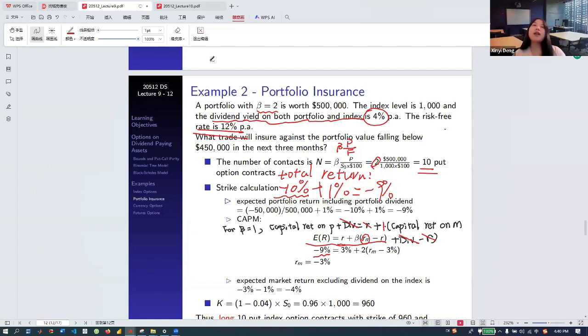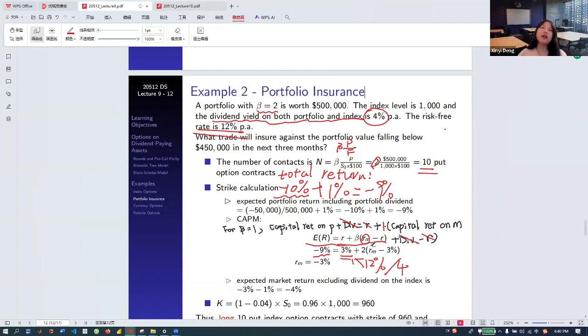And we know R is 12%, but that's still an annual rate. Therefore, to convert it into a quarterly rate, we use 12% divided by 4, and that's 3%.